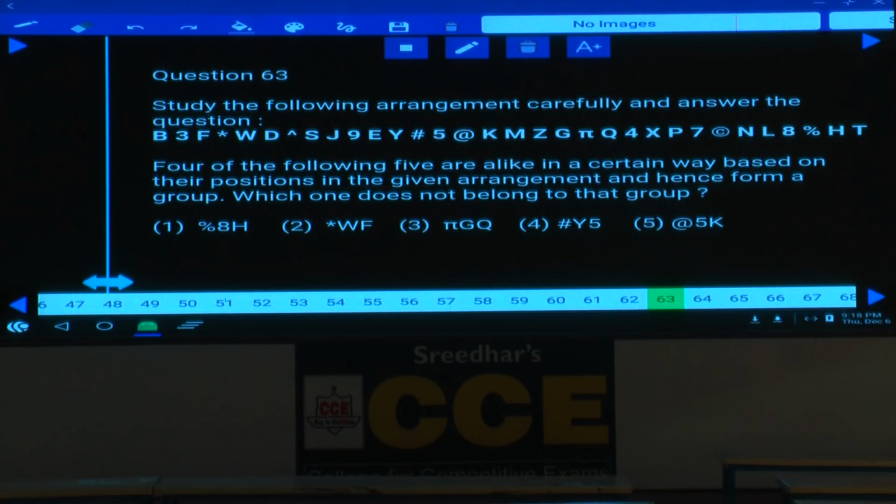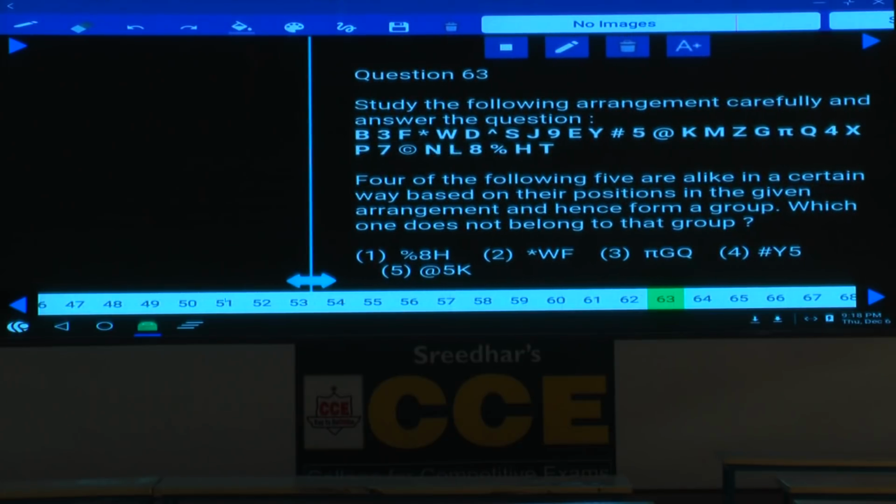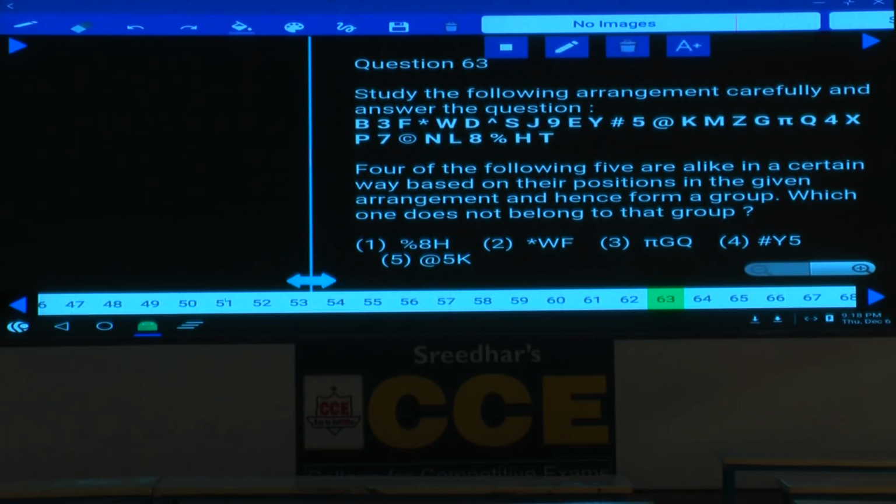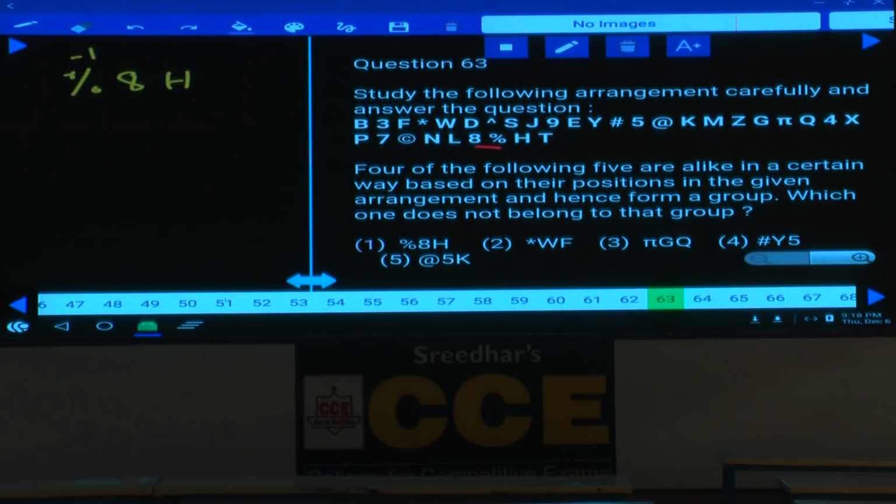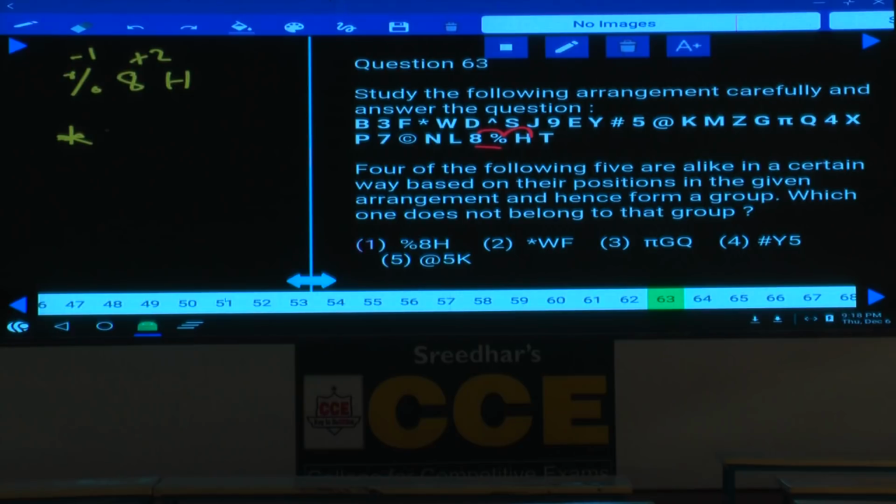Then 63, which of the following is nothing but an odd man out. Now percentage 8 and H. Let us find out the relation between percentage 8 and H. Percentage to 8, we should move one element backwards, minus 1, 8 to H plus 2, minus 1 plus 2. Next one, star W and F: star and W plus 1, and W and F minus 2.